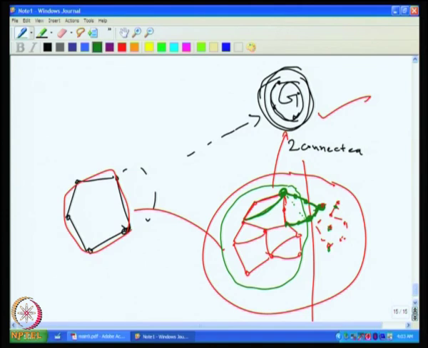more rigorously what I can say is, I will consider a vertex outside, because it is connected, there should be something which is directly adjacent, right. And if I have only this connection, definitely by removing this vertex I will disconnect it. So, there should be one more path.